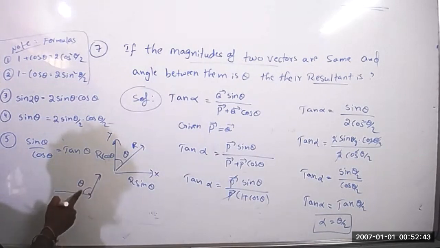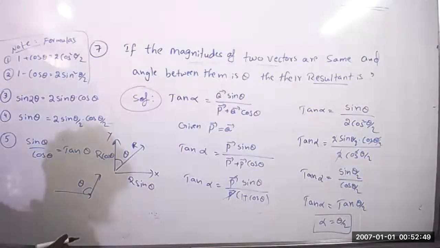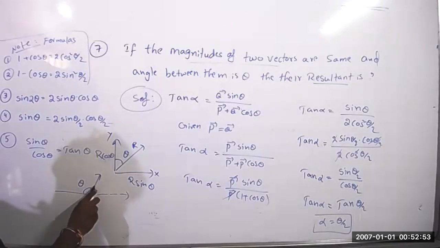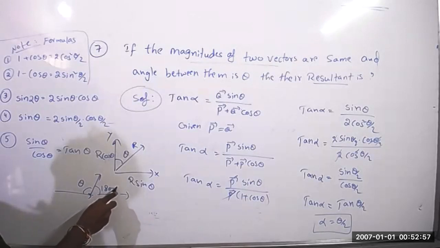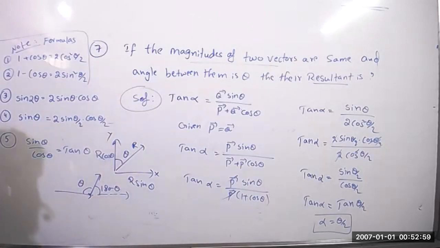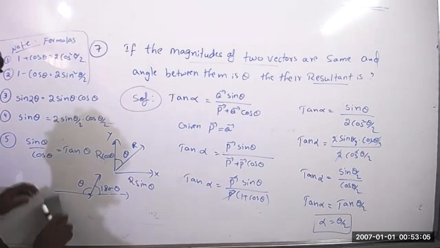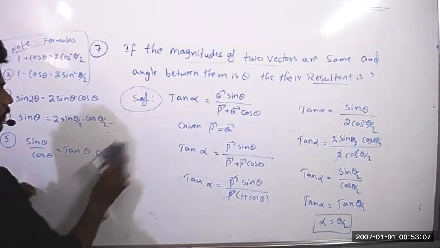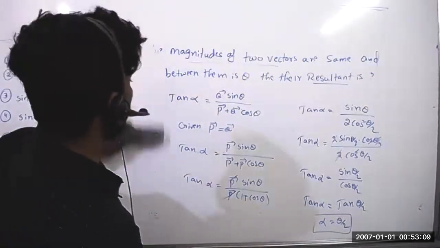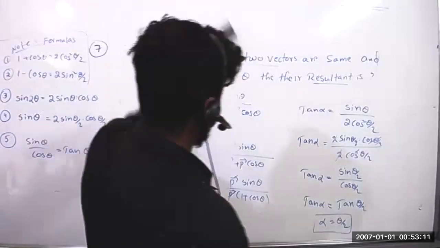Is it the correct angle? No. What do we have to do to get the correct angle? You have to shift the position. Here, how much will it be? 180 minus theta. Very good. So how to mention the angle also we should remember. Clear? No doubt, right?